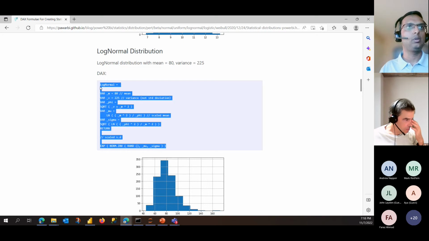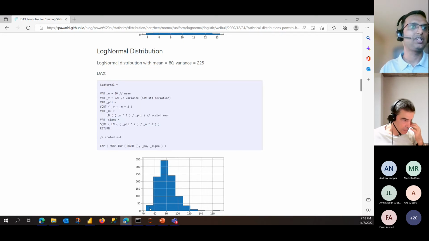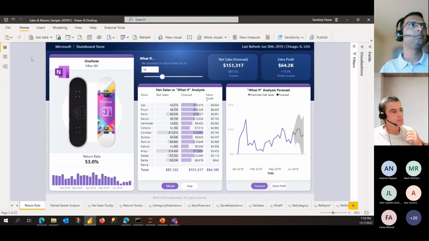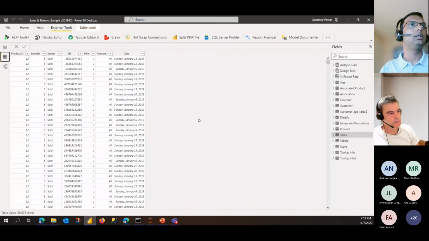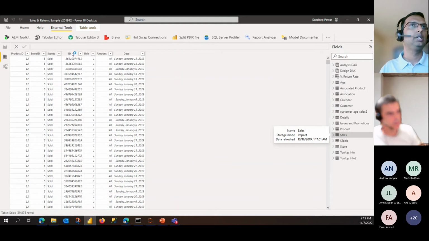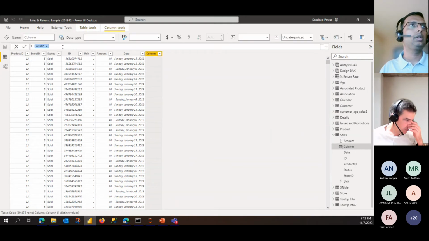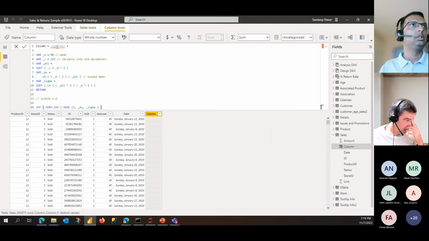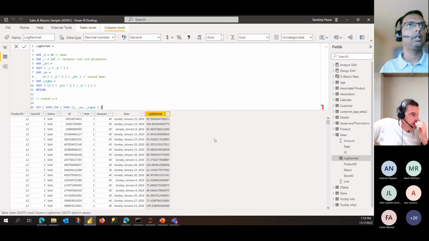I'll take this, go in Power BI, and create a calculated column on top of this. Let's see if I can do it right here. Calculated column right here, put it here, and then just go. Let's give it a try. Yep, and it created a log normal distribution in my case with a mean of 80 and a variance of 225.